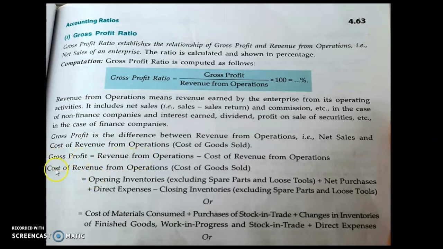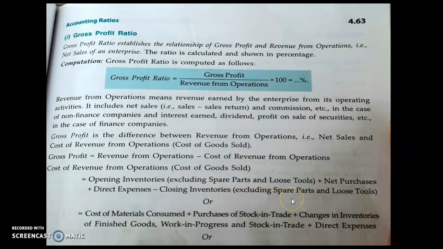As a revision, let me tell you the formula for cost of revenue from operation: opening inventory plus net purchase plus direct expenses minus closing inventories. You have to exclude spare parts and loose tools while calculating cost of revenue from operation for gross profit ratio, even in opening inventory and closing inventory.